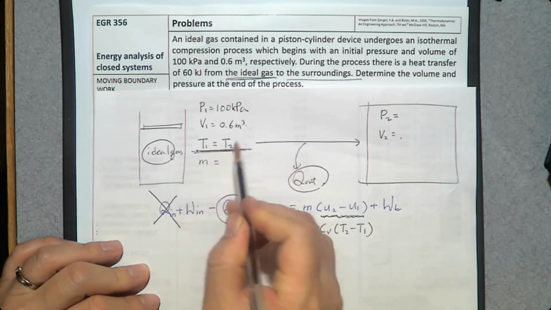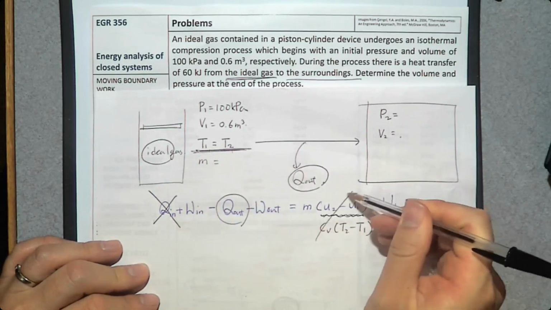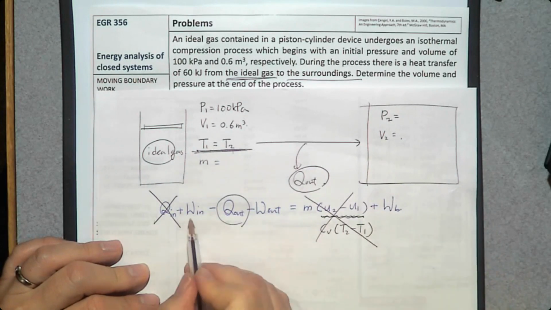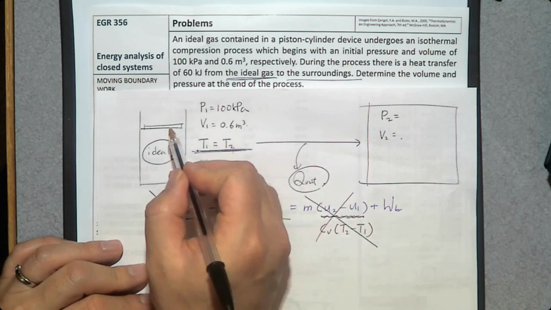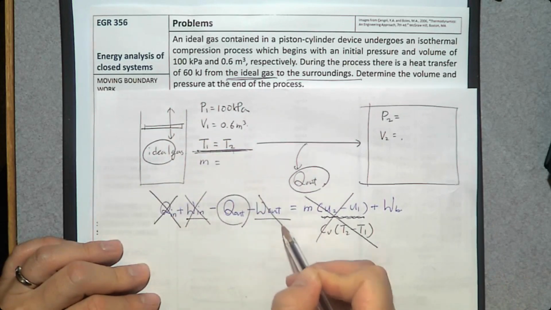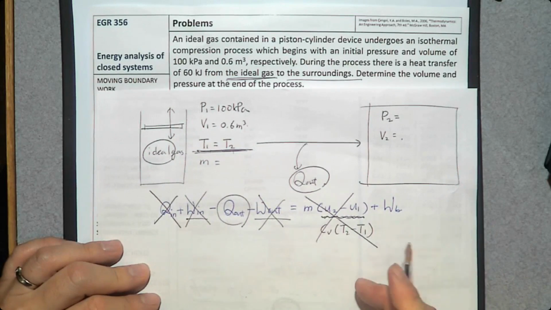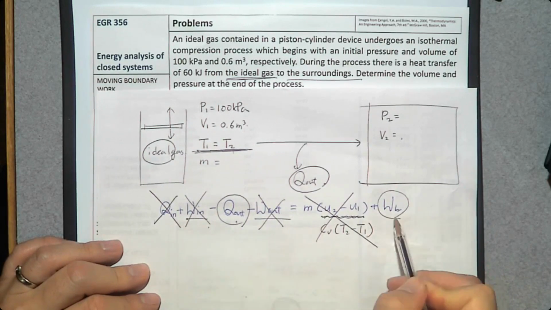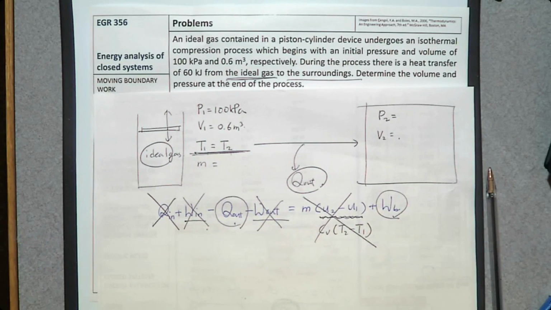T1 is the same as T2, so this one goes away. There's no information about energy transfer by work other than moving boundary work, so you can neglect these two. So the only thing is minus Q out equals moving boundary work. Then how do we determine the moving boundary work of an isothermal process?